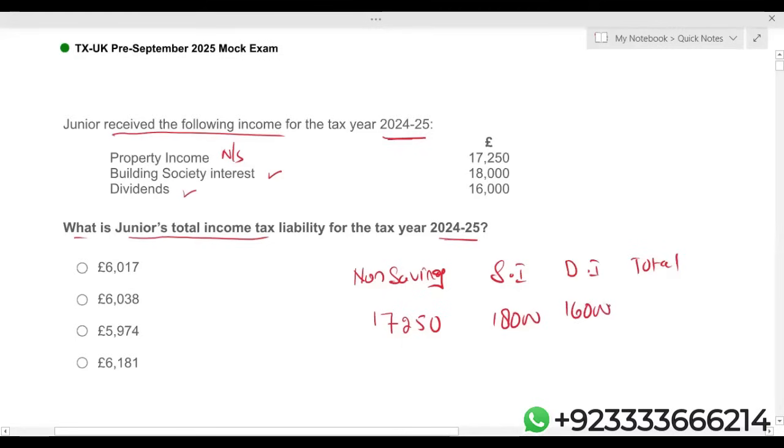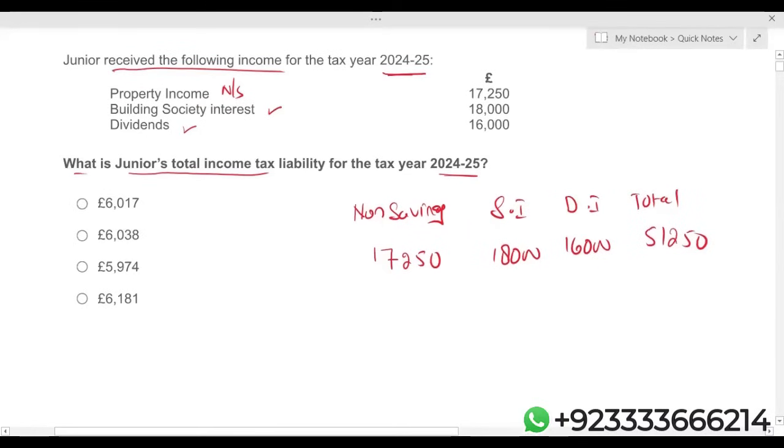Let me use the calculator. 17,250 plus 18,000 plus 16,000. Students, I'm getting 51,250. Personal allowance. The sequence of utilizing the personal allowance is, first, you will deduct the personal allowance from non-saving income.